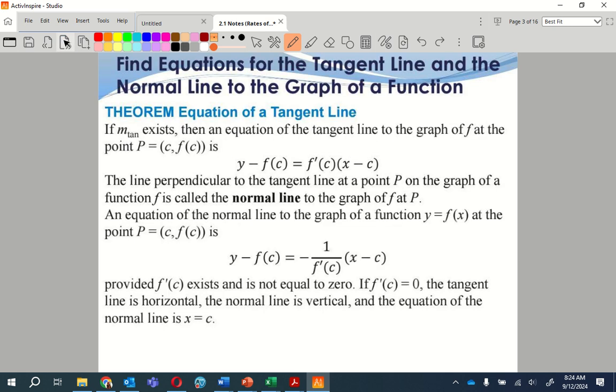All right, and right here, tangent line and normal line. So first, tangent line. I'm going to use my equation of a line. So there is going to be y minus y1 equals m quantity x minus x1. Guess what that is called?